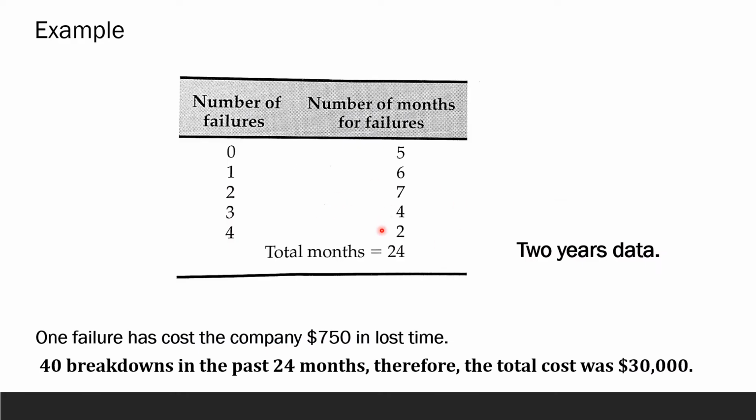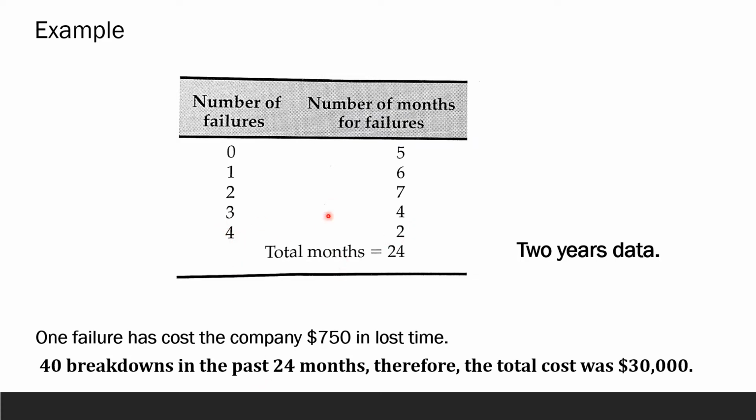Okay, so when you take a look, you see the 2 years of data, the number of failures. We're taking a look at 20 failures, right? Altogether, if you add, I have 5 months with no failure, 6 months with 1 failure, 7 months with 2 failures, 4 months with 3 failures, and then 2 months.